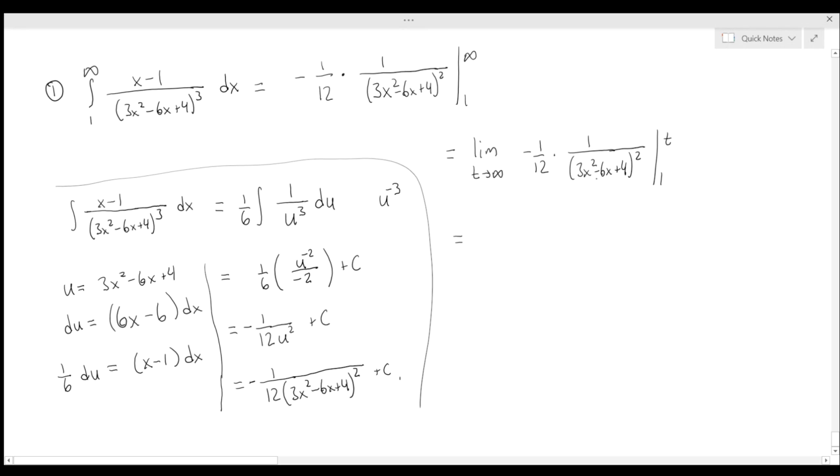And so then here at this point, we'll plug in t for x. I'll go ahead and pull the negative 1/12 out maybe. Though it's not a big deal, so I don't have to, but I'll go ahead and do that. And then plug in t for x.